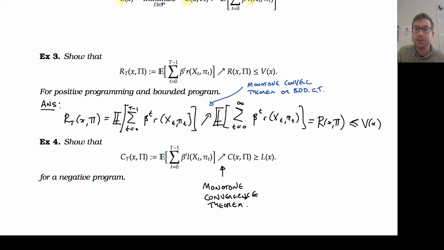And of course, the cost for any specific policy is bigger than the minimal cost. Okay, so that's fine. So what's the point in saying that? It's all kind of not very difficult.